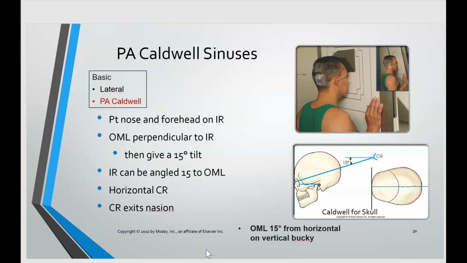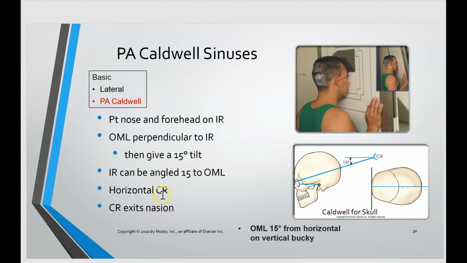Your patient's nose and forehead is still going to be on the IR. However, since that OML needs to be angled upward at a 15-degree angle now because our central ray is horizontal, okay? So try to see this in your mind's eye, how if you make that central ray horizontal, how that OML is now going to be tipped up, okay?